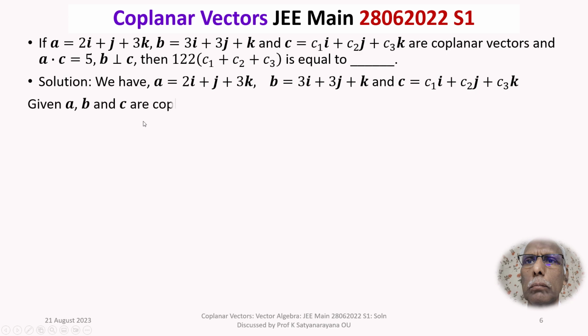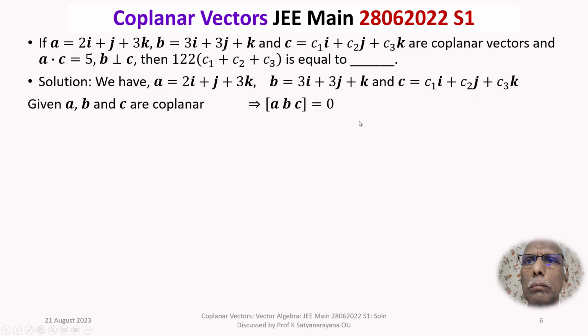It is given that vectors A, B and C are coplanar. Then if they are coplanar, the box product of the three vectors A, B, C is equal to 0. In other words, the scalar triple product of the three vectors A, B, C is equal to 0.